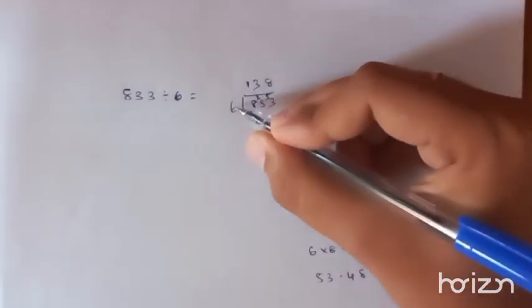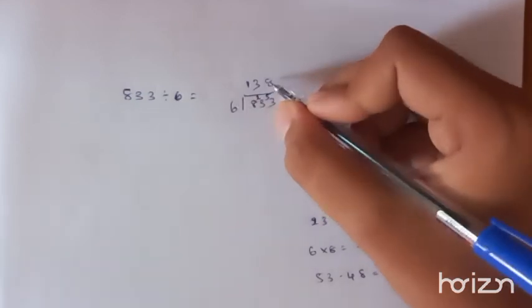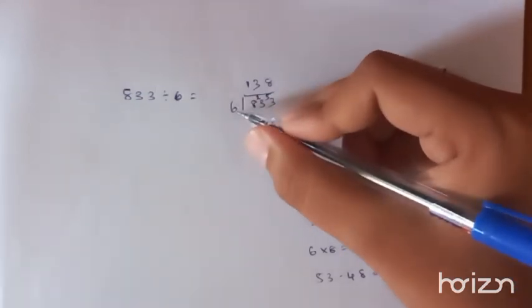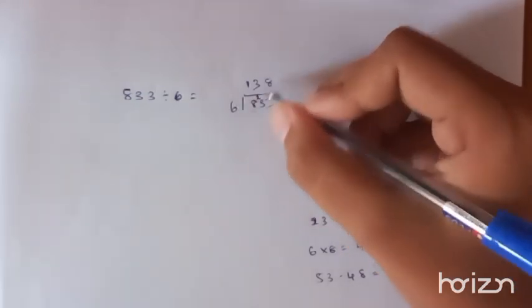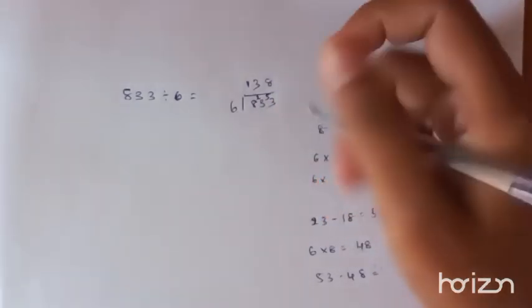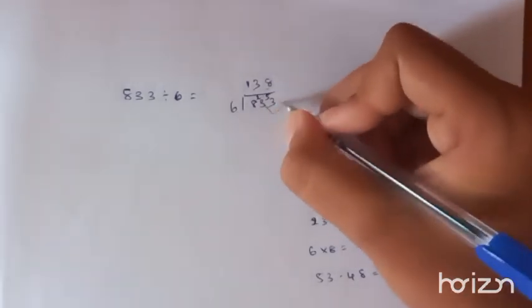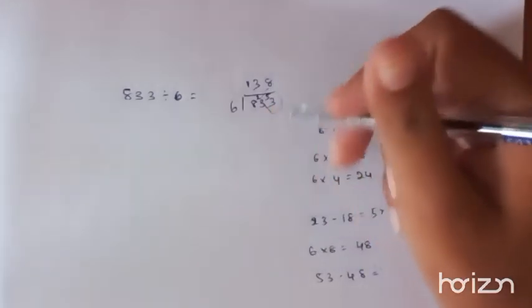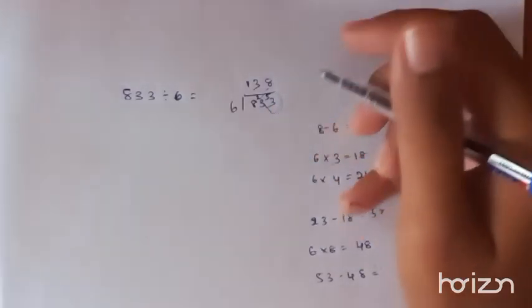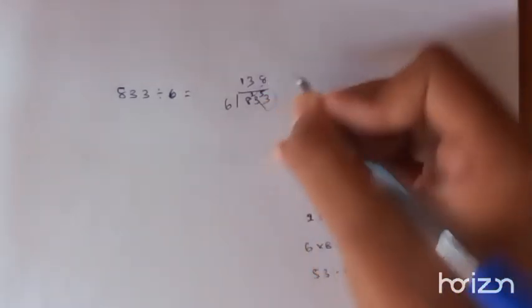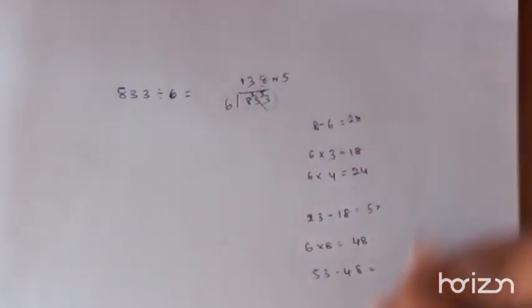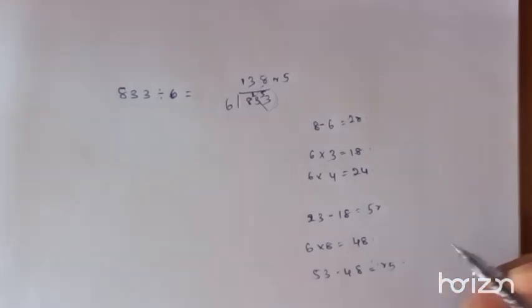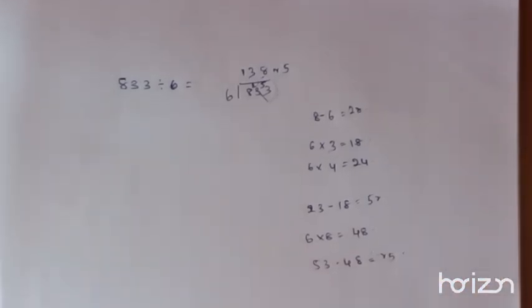So that is 8 times 6, which is 48. We take away this 48 from the 53 that we already have here. After you take away, you realize we get a remainder 5. And that is how we use the bus stop method to divide numbers.